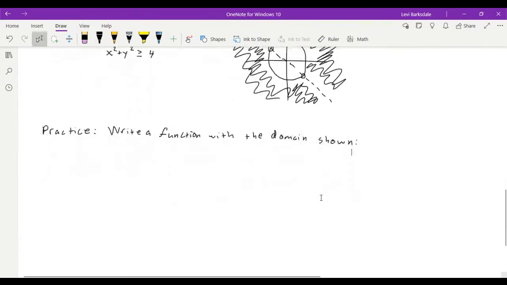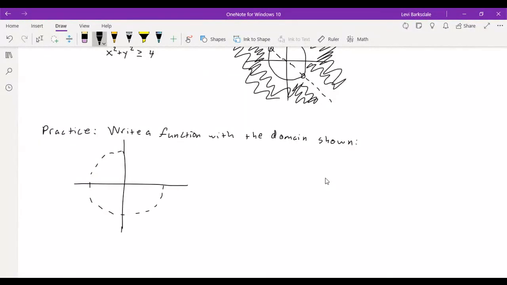And the domain is going to look something like a circle of radius 1, and anything inside this circle is allowed, but not anything on the boundary. Go ahead and try and write a function with that, and I'll give you a minute or two to work on that.